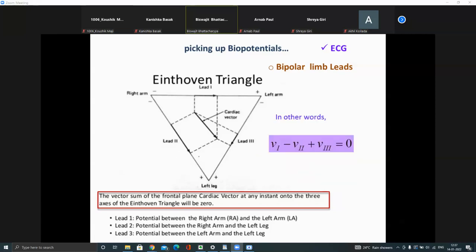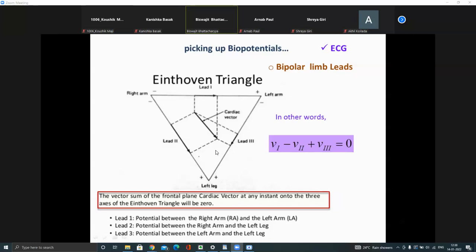In that way, our KVL equation will be lead 1 voltage V1, plus lead 3 voltage V3, minus lead 2 voltage V2. So a closed loop is formed: V1 plus V3 minus V2 equals 0. So that is the KVL equation. At any instant the algebraic sum of these voltages will be 0.